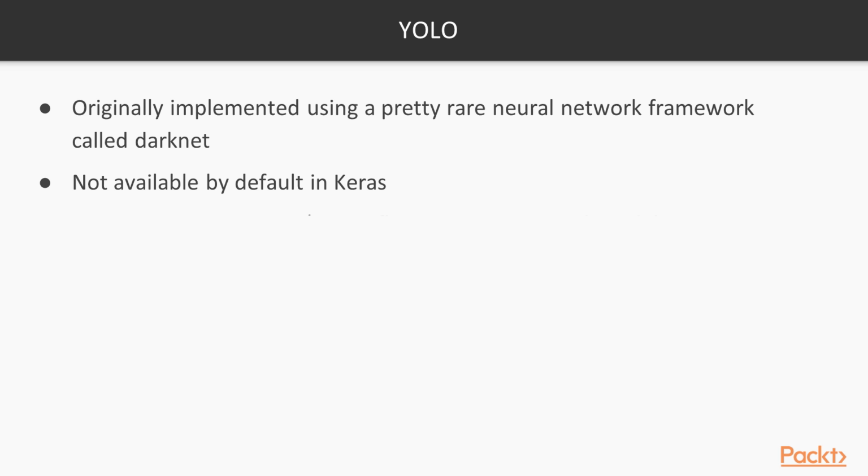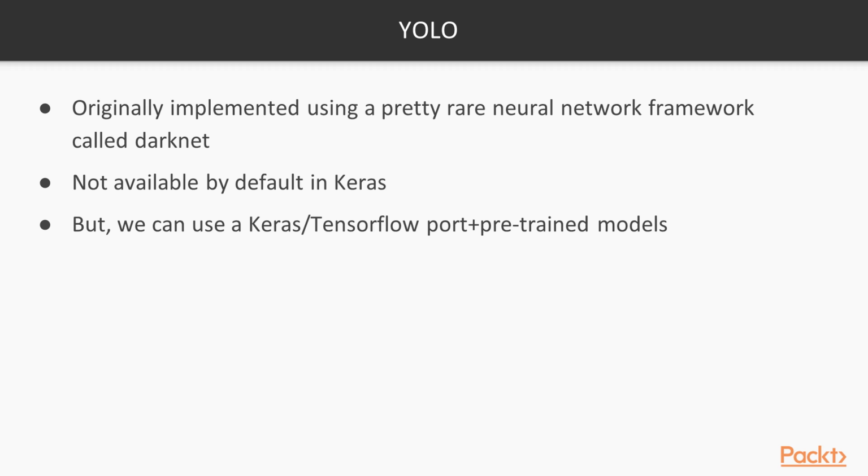Darknet is a totally different framework, and it's not based on TensorFlow. It's a totally different piece of software. But the good news is that there are ports of YOLO and also Darknet, and we'll actually use one of those ports later on to use YOLO. This is the Keras TensorFlow port, and we'll also have to use pre-trained models that are available in the original implementation of YOLO.